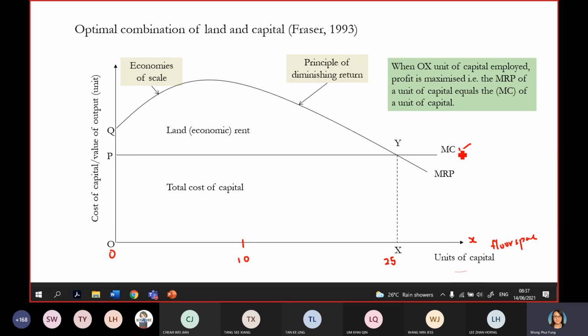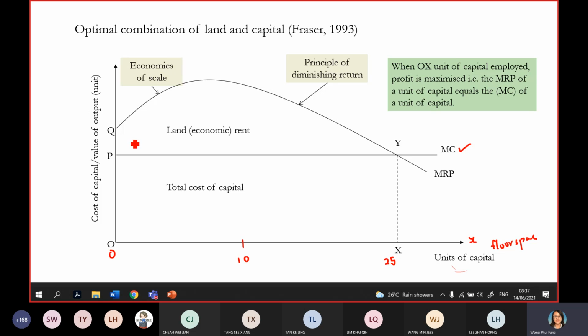Marginal cost here means the additional cost the developer needs to spend when they build one more floor higher, assuming MC is constant, ceteris paribus. In reality your cost will not be constant, but for this context, they assume that marginal cost is constant.